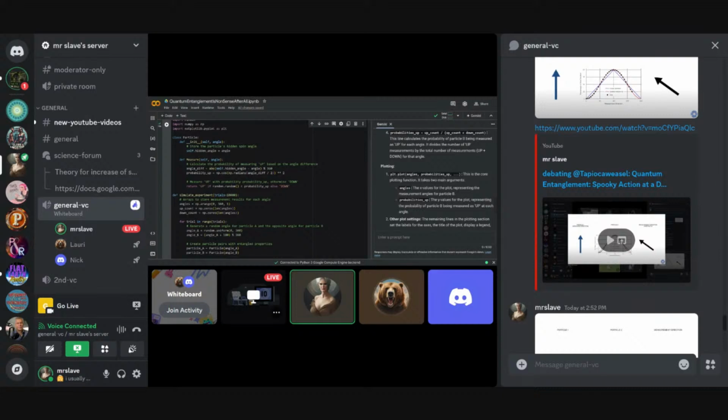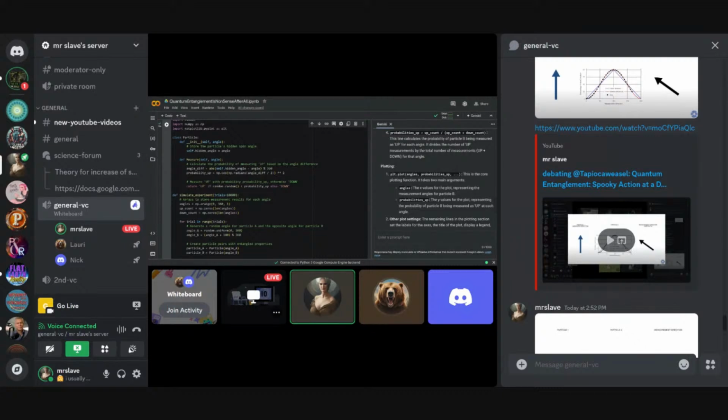If particle A goes up, then fine. Now we go to conduct a test on particle B. And particle B, we don't know the angle in which it's spinning. We know a little bit about it, but not too much. Now we're going to pass it again through a magnetic field, but this time, first we're going to pass it at 0 degrees, meaning up and down, and we'll get the result.